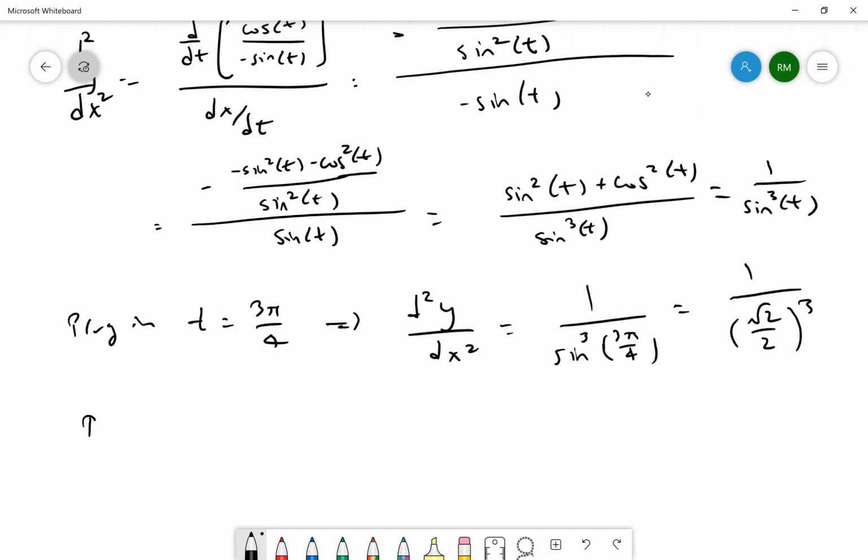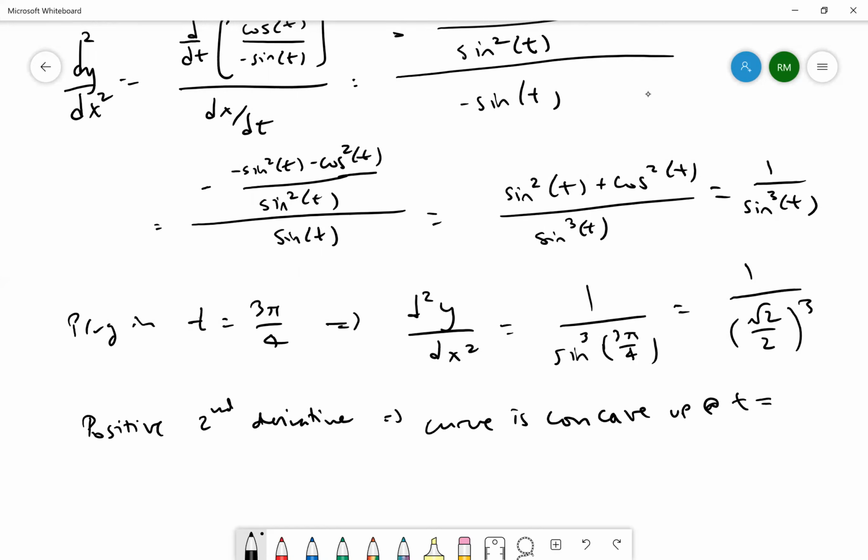In fact, it's positive, which tells us that the curve is concave up at time 3 pi over 4.